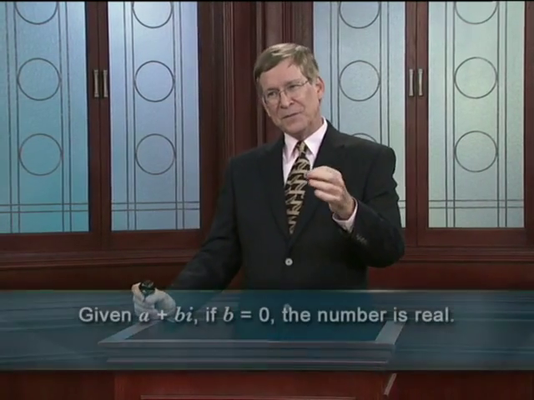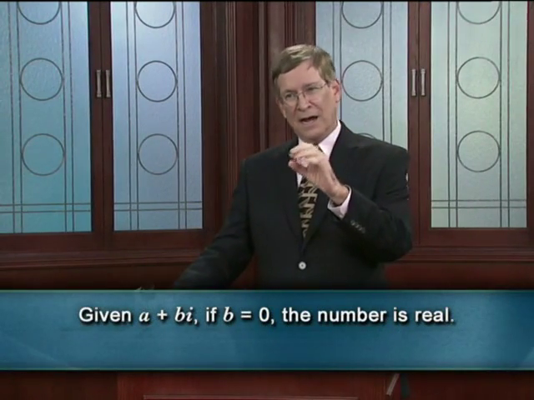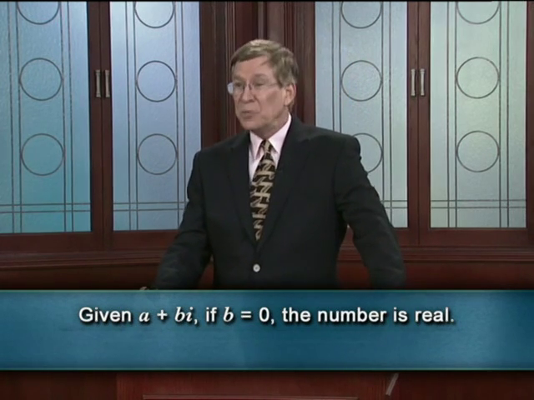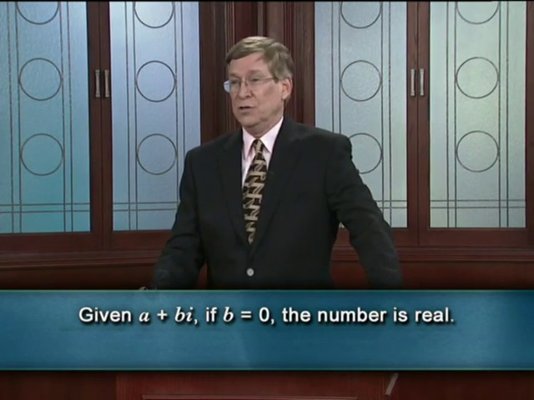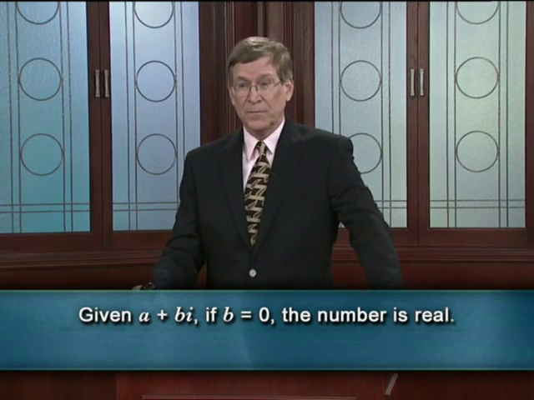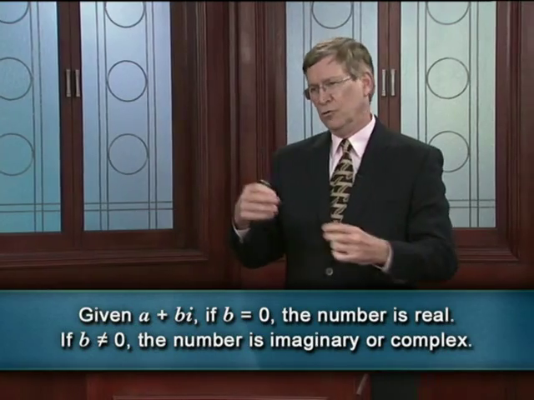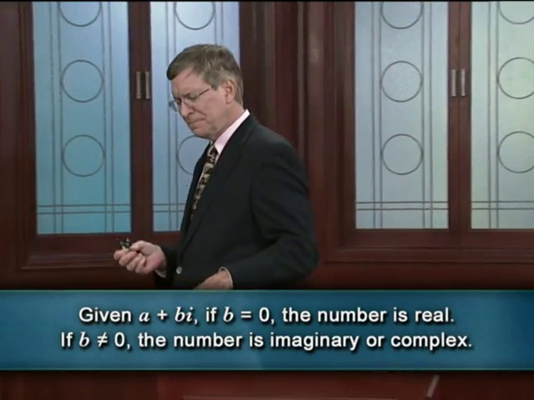In particular, given a plus bi, if b is 0, then the number is real. a plus bi would just be a, and then the number is real. And if b is not 0, then the number is an imaginary number or a complex number. So you see that the set of real numbers is contained inside, it's a subset of this larger set of complex numbers.